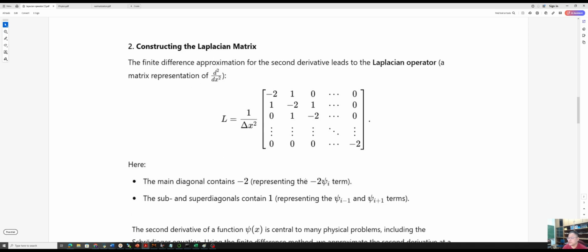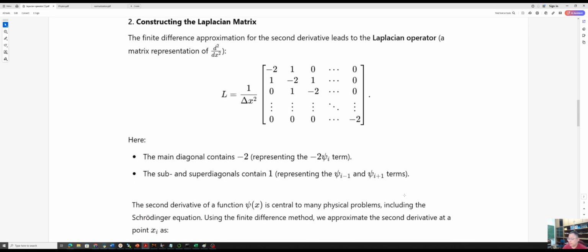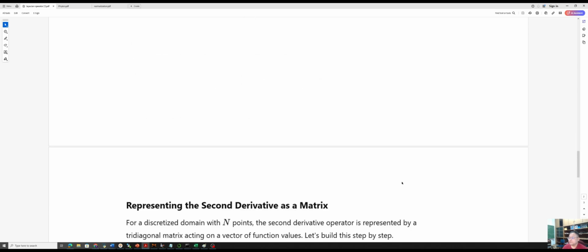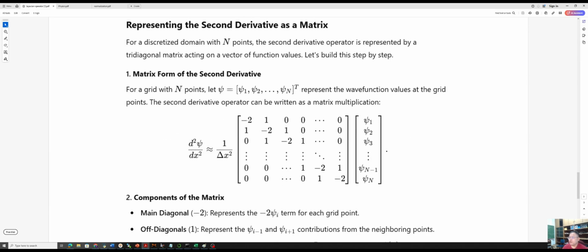Okay, -2 represents the -2 phi i, 1 here is phi i-1, and here phi i+1. So this forms a Laplacian operator, which acts on the wave function.